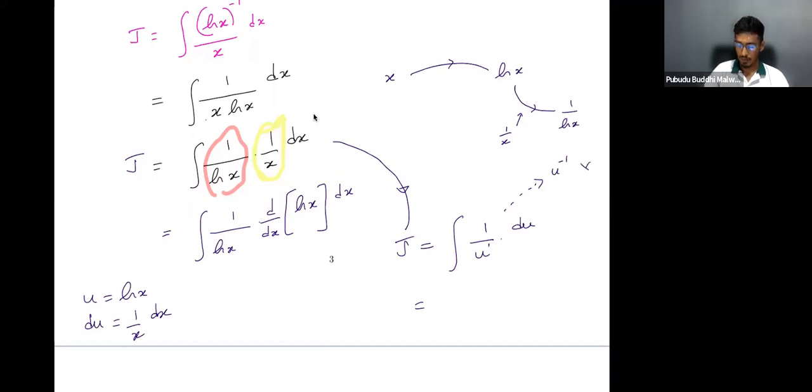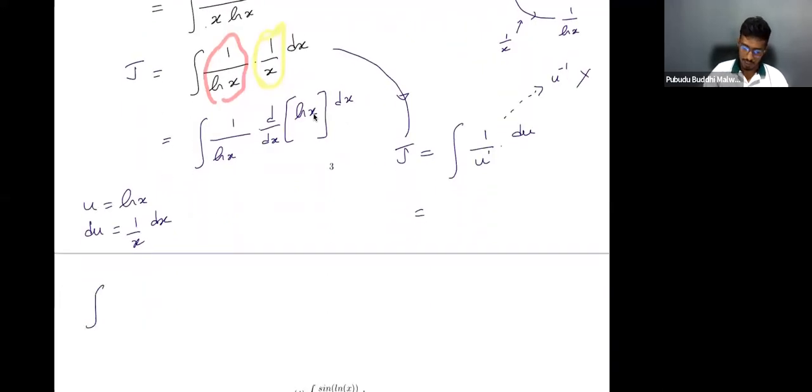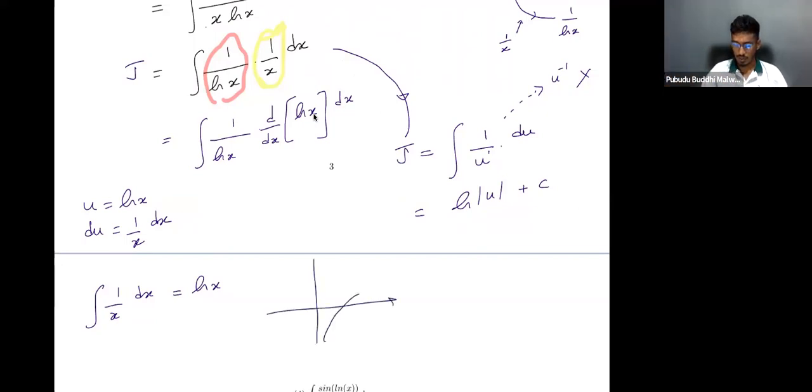Can't apply the power rule of integration for this. But we can use natural log integration because we know that the antiderivative of 1 over x equals natural log of x. Hence here, natural log of absolute value of u plus c. We put that absolute value because natural log is defined only for positive values. Like this.